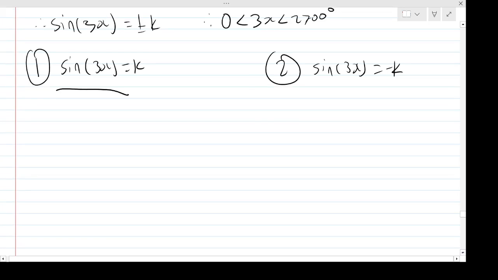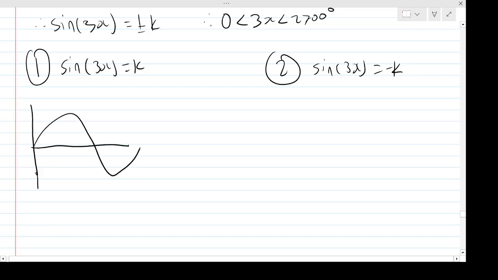Right, okay, so let's start with this equation. So sine of 3x is equal to k, okay. So again, let's consider the sine graph. Obviously, we can't inverse sine it, because k is unknown, it's not a number. So we just have to consider the sine graph to see where the solutions are. So the sine graph, between 360 again, say, it's going to be here.